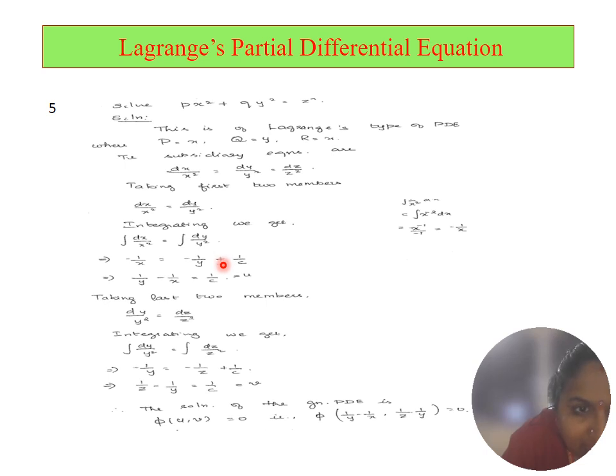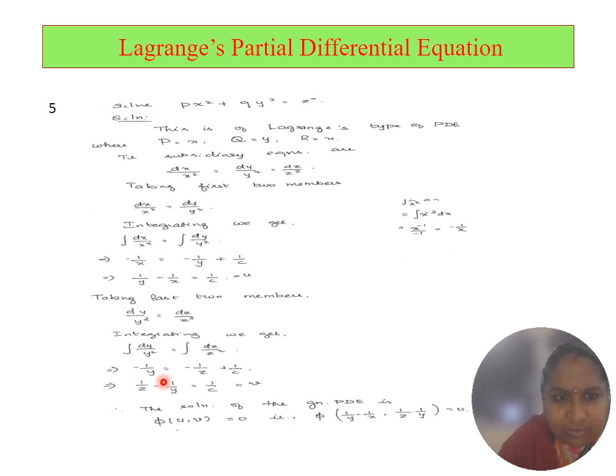When you take the other two ratios, dy by y square equals dz by z square. So integrate: bring y square to the power side, y to the power minus 2. Integration of y power minus 2 dy equals integration of z power minus 2 dz. So minus 1 by y equals minus 1 by z plus 1 by c2.